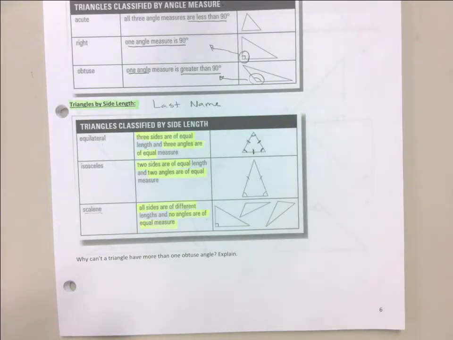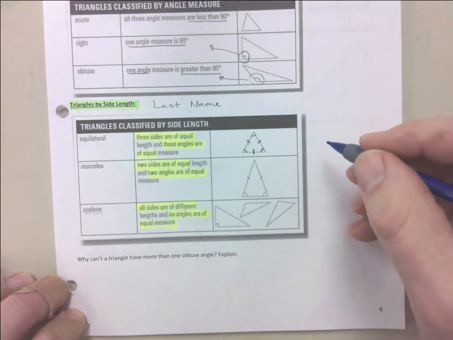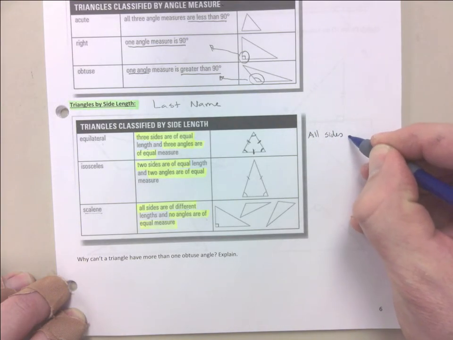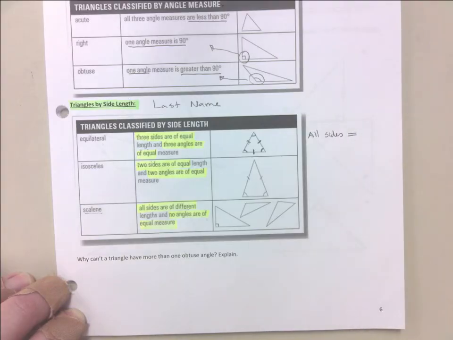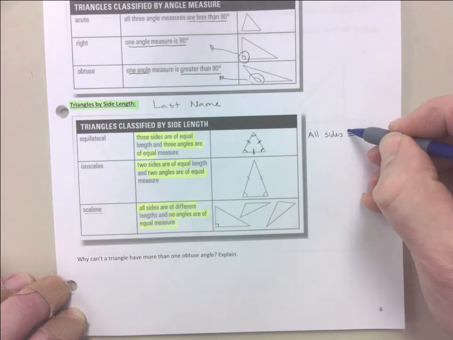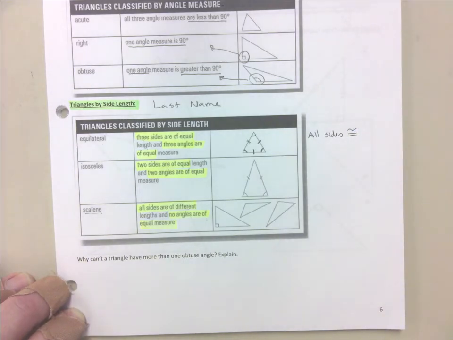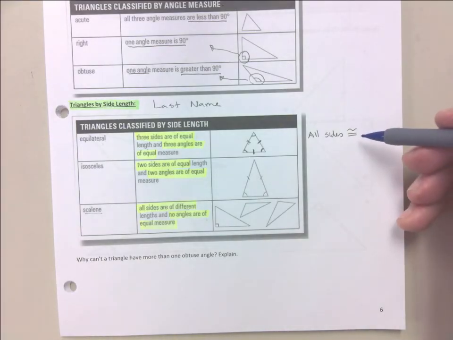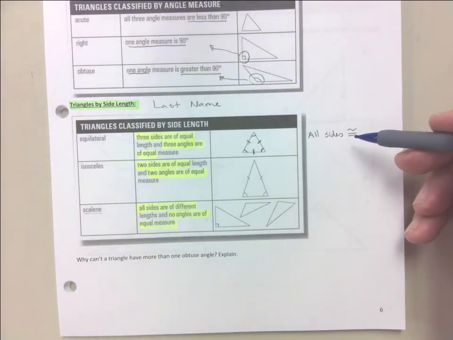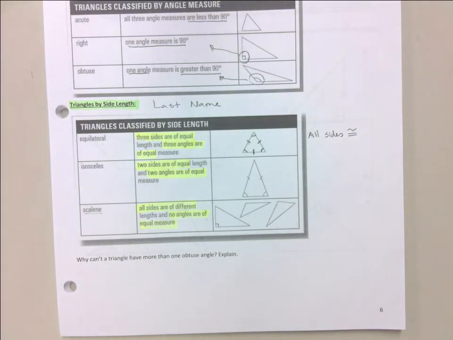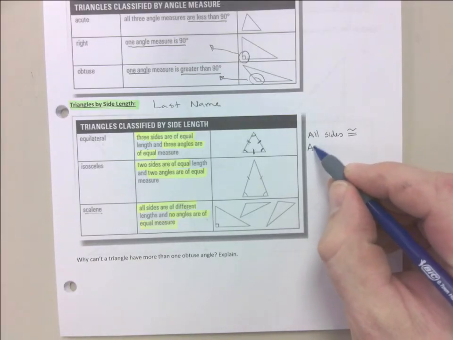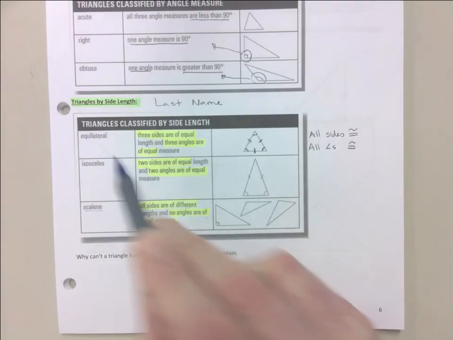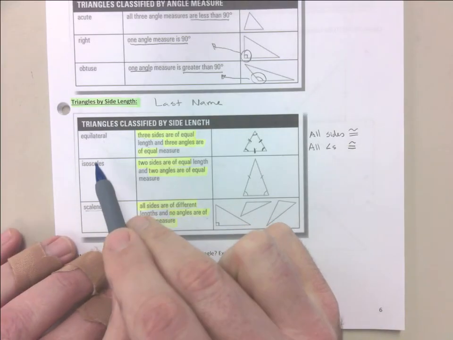So to recap, all sides are, watch this. Normally we would just say equal, but in geometry we use congruency. Like things are congruent. It's still saying equal, but this is the symbol for congruency. Congruency is two things that are the same. All angles are also congruent. That's what makes a triangle an equilateral triangle.